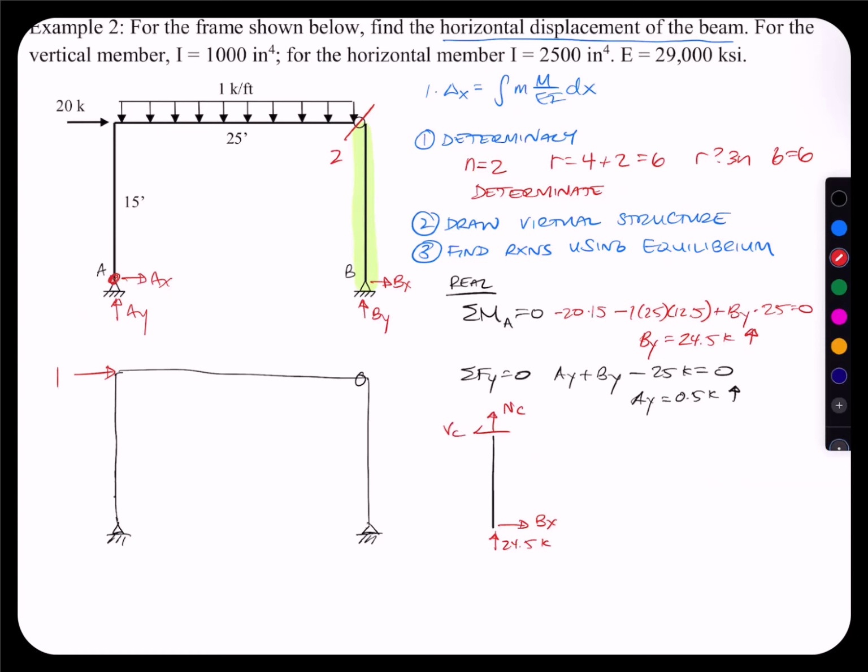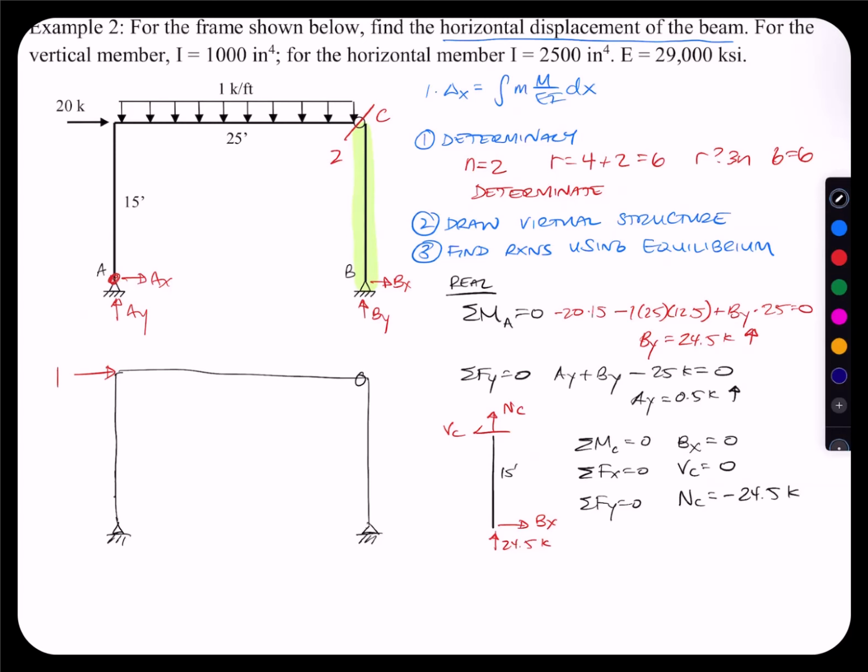We'll just call that location C. So I could now do equilibrium on this body. I can sum my moments about C, and I find BX is 0. And I can sum my forces in the X direction, and find BC is 0. Sum my forces in the Y direction, and find NC is negative 24.5.